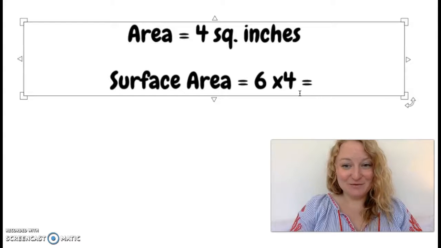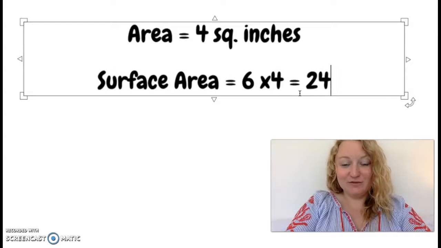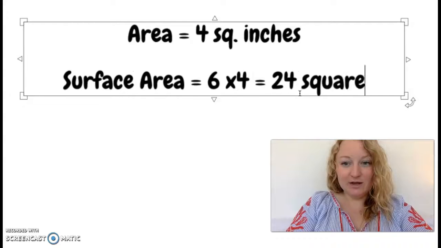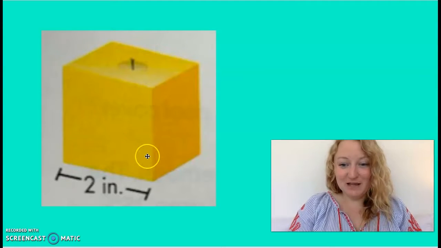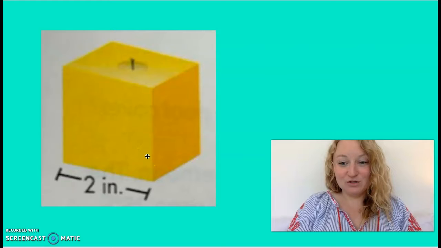So 6 times 4 would give me 24 square inches. So the surface area for my candle would be 24 square inches. Again, because I found the area of one side, which was 4, and then multiplied it by 6 because there are 6 sides. Now I was able to multiply it by 6 because it's a cube and we know that all sides are equal.